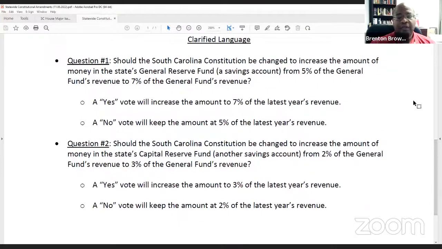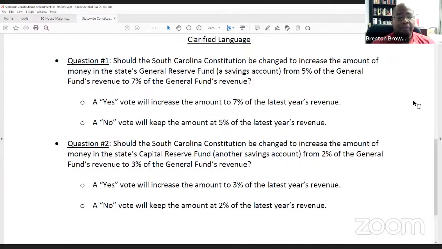The state of South Carolina, with its budgets, has essentially two savings accounts or rainy day funds. The first one is called the General Reserve Fund. The second one is called the Capital Reserve Fund. Per the state constitution, the General Assembly must place 5% of the state's revenues into the General Reserve Fund, and 2% of the state revenues in the Capital Reserve Fund.